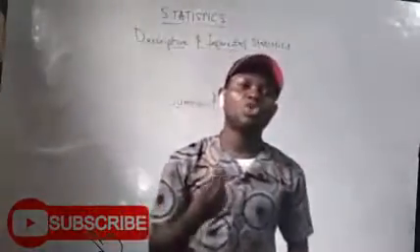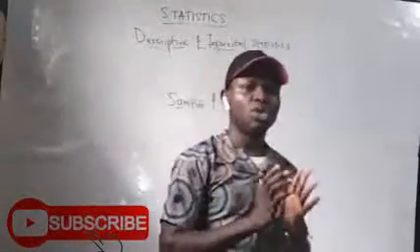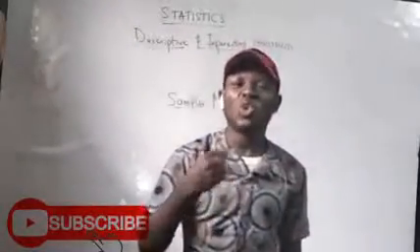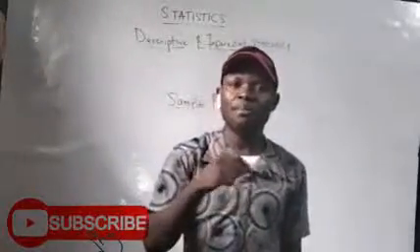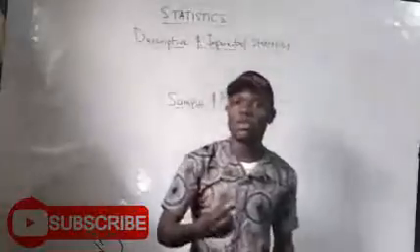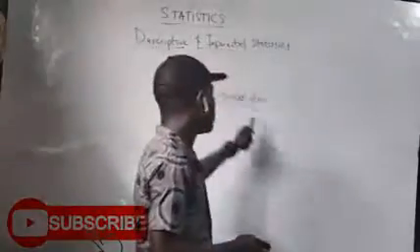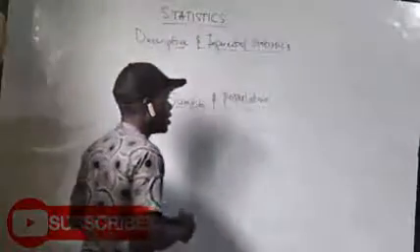Now, if my aim is to study black men, then the blacks becomes my population. So it depends on what I want to study before I can talk about population. But the subset of that population is referred to as sample.